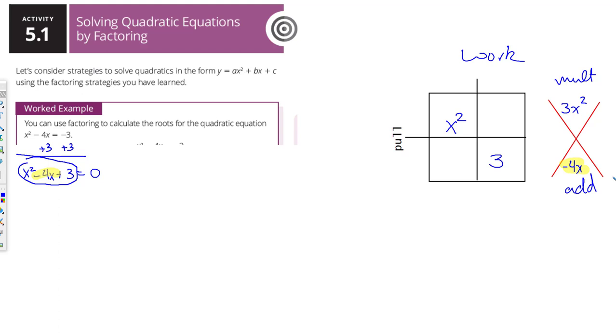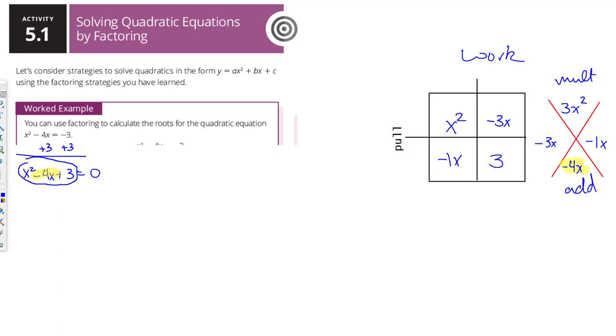What two things can multiply to give me 3? 3 and 1. And since we need to get a negative 4x, we need to do a negative 3x and a negative 1x. And if you didn't write that 1, it is not wrong. I'm just writing it so we can actually see the number.